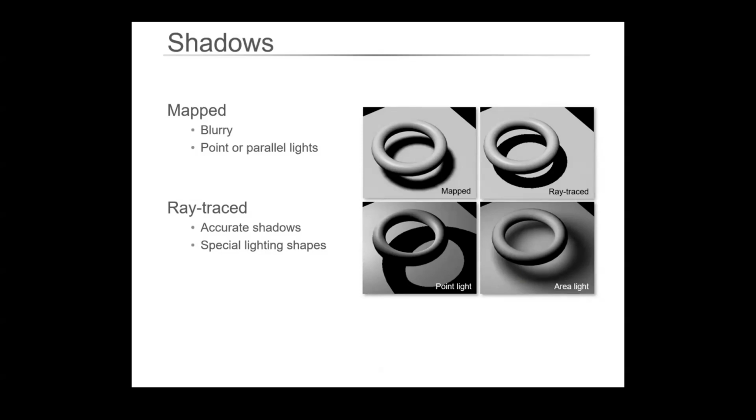So there's map shadows and ray traced shadows. The map shadows are more blurry, and they come from like a point source. And the ray tracing gives us more accurate shadows, so the software is thinking about what parts of the model are actually going to see light and how they will react to the light. So it gives you that more realistic feel.